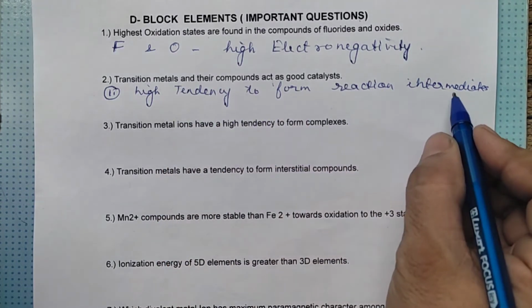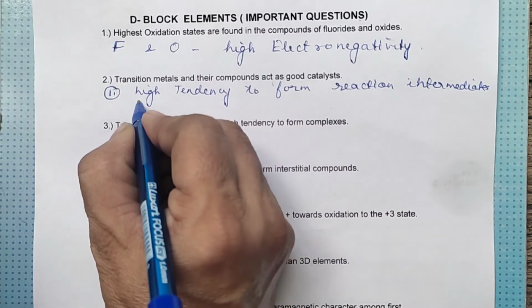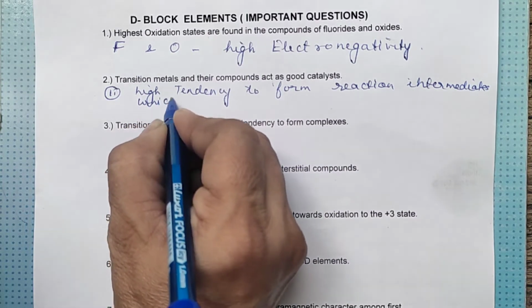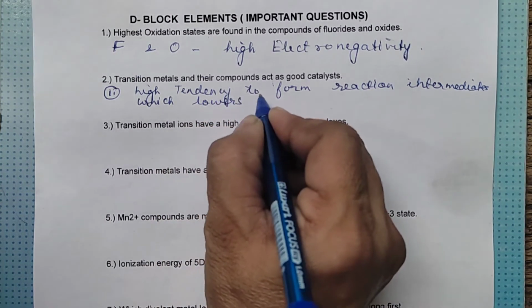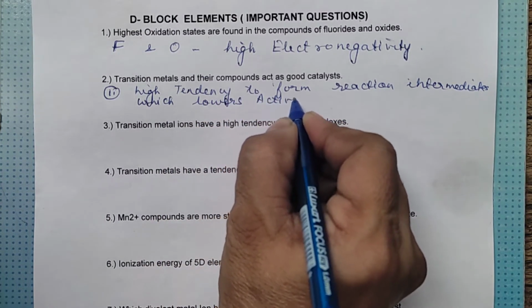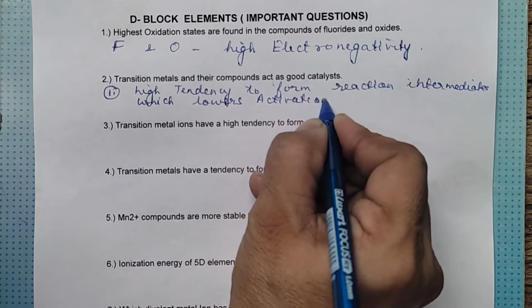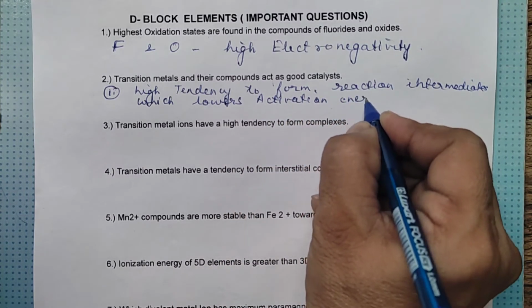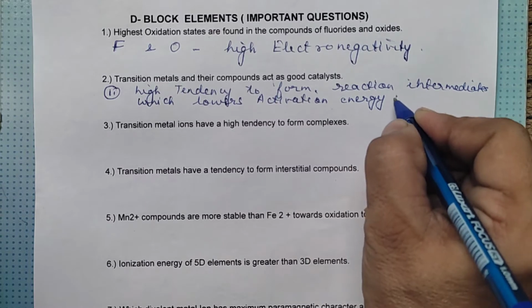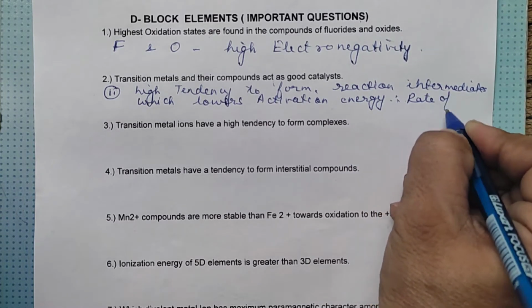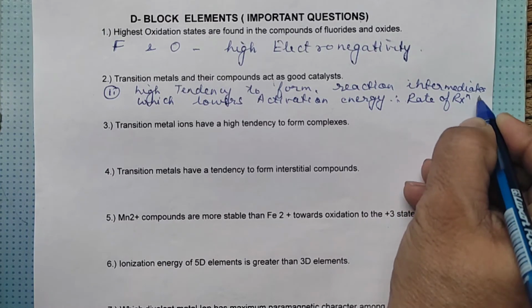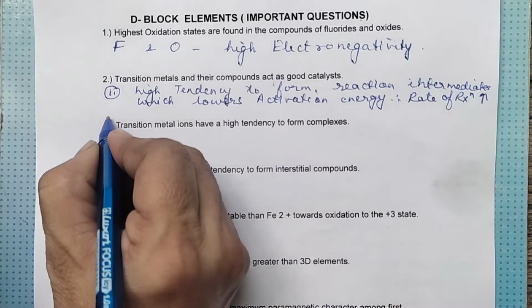They have the high tendency to form the reaction intermediates which lowers activation energy, therefore the rate of reaction increases. First point you can write down this one.